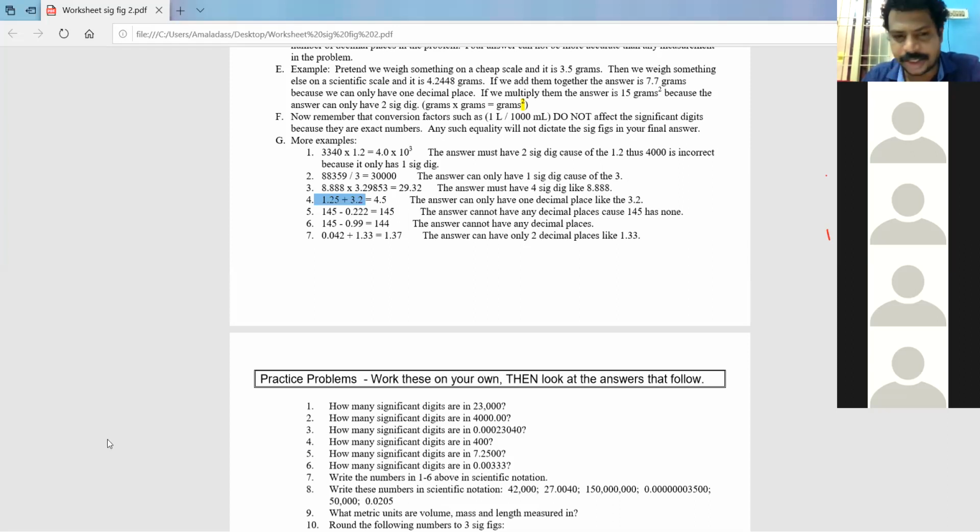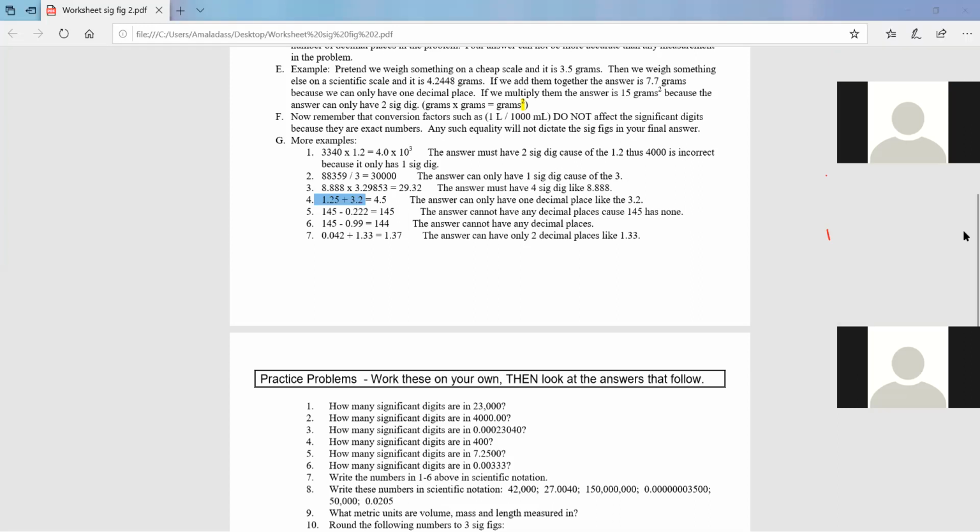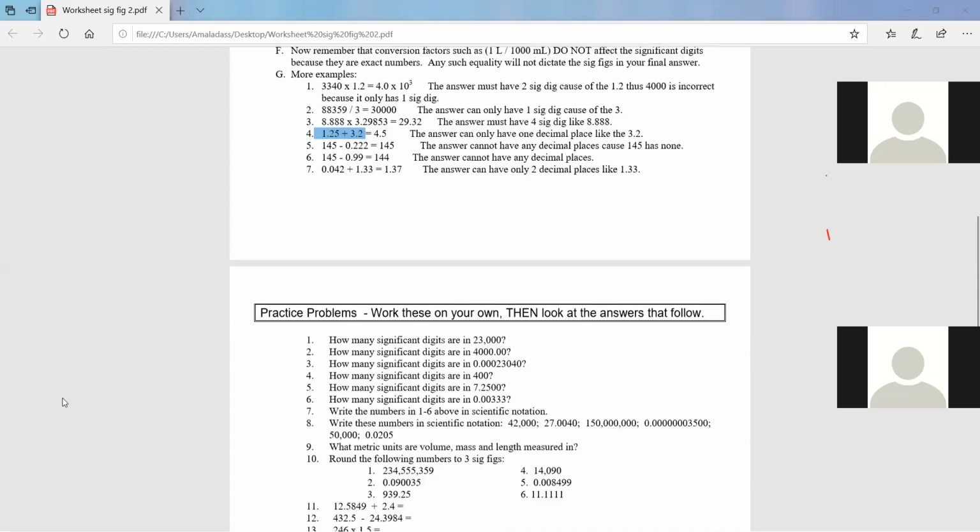Tell me the regular answer, 0.042 and 1.33. 1.372.